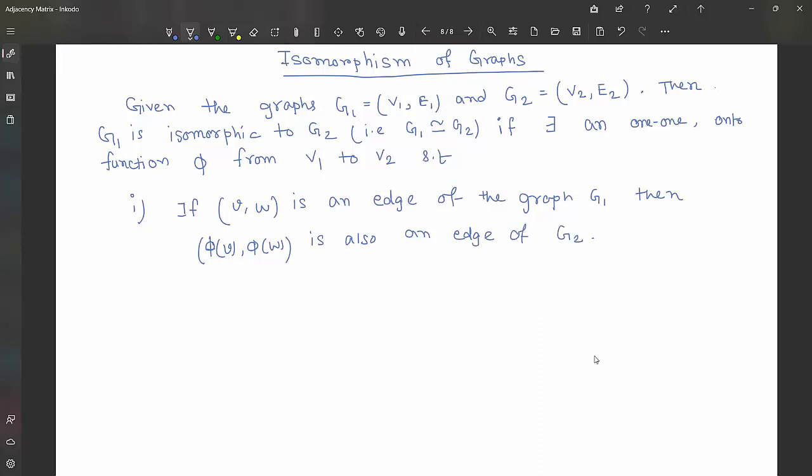This is the first condition. That means if V and W produce an edge in the graph G1, then their images phi of V and phi of W also produce an edge in the graph G2.